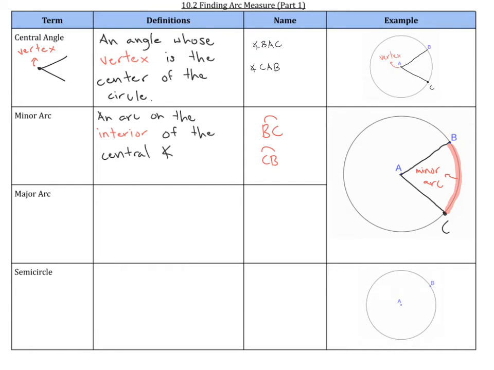All right, now for the major arc, it's really just the opposite of the minor arc. So this is another arc on the exterior now of the central angle.